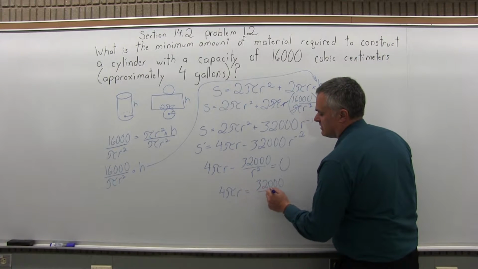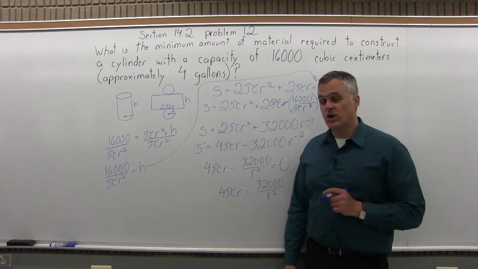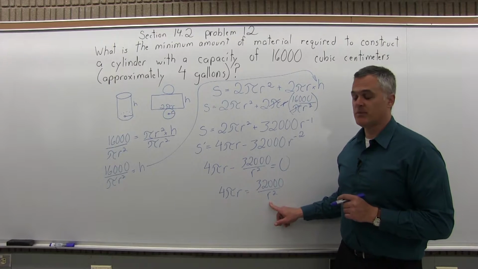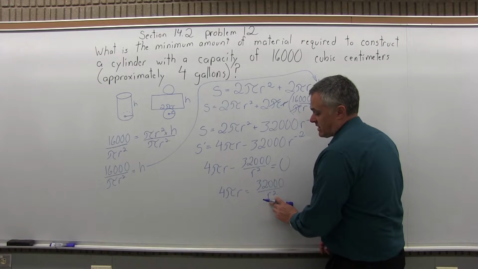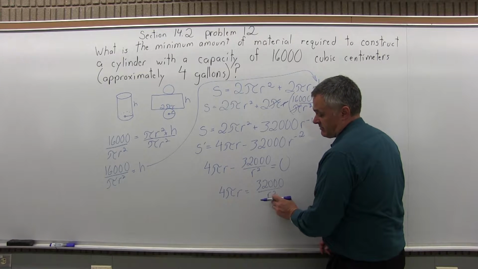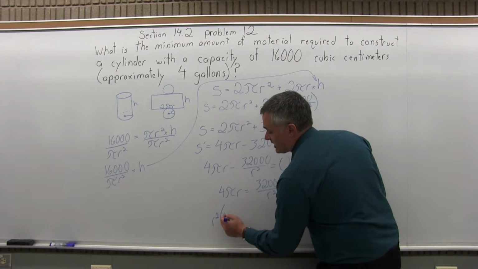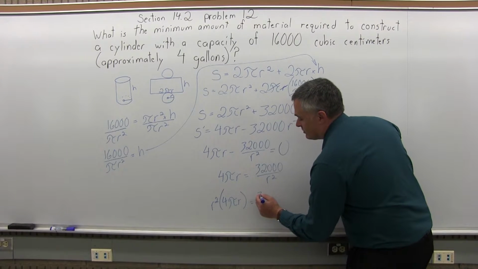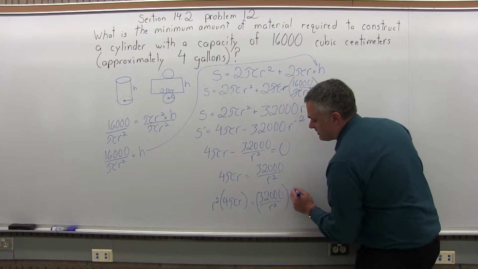32,000 over r squared. So to solve this for r, what makes it problematic is I have the variable in the denominator. Easy enough to solve. So whatever the denominator is, I can make it go away. Multiply both sides of the equation by the value I want to cancel out of the denominator. So the left side of my equation times, in this case, r squared, is equal to the right side of my equation times the same value, times r squared.